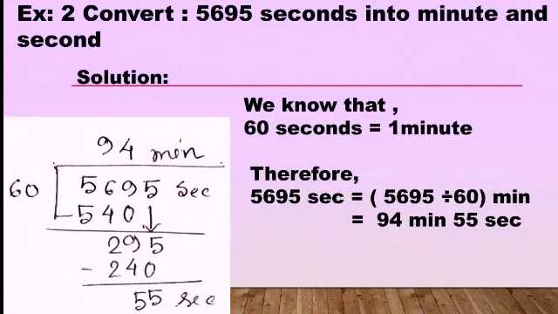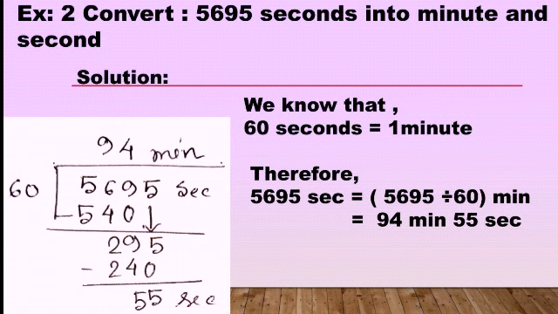Now the second question: convert 5,695 seconds into minutes and seconds. Second to minute, that means smaller to bigger. So what do we have to do? We have to divide. 60 seconds equals 1 minute, we know that.